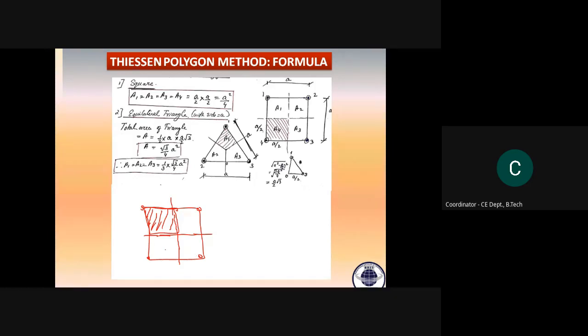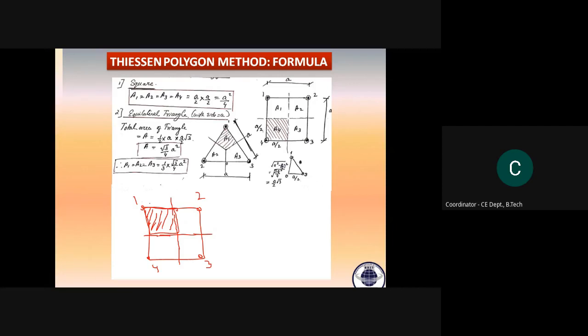Since this is a square, we can say A1 equals A2 equals A3 equals A4, suppose these are 1, 2, 3, 4. So if we find only one area, then we can find the other areas also, right?